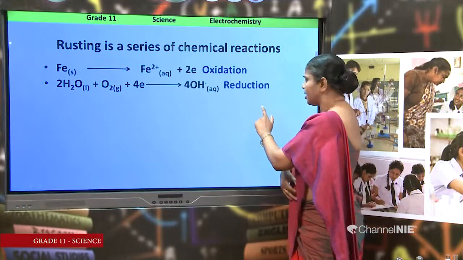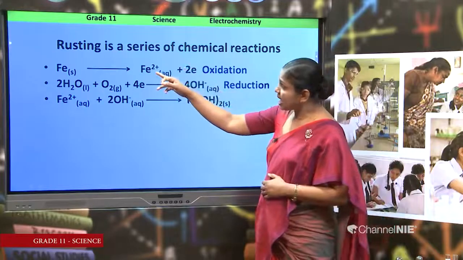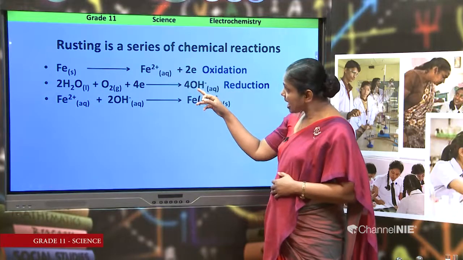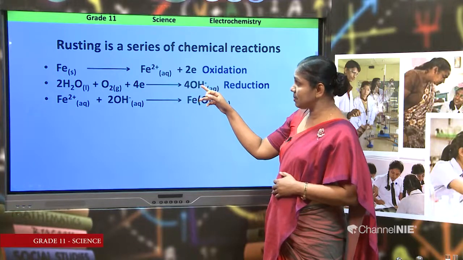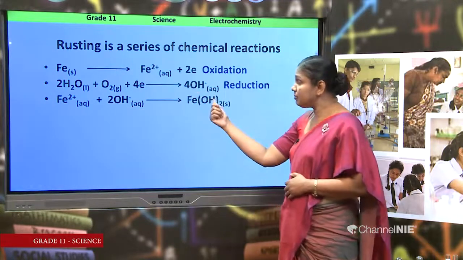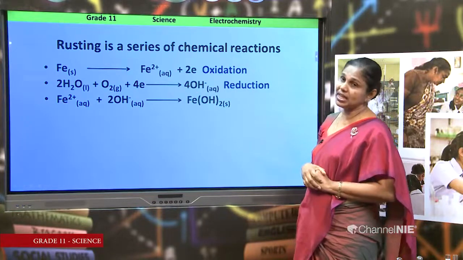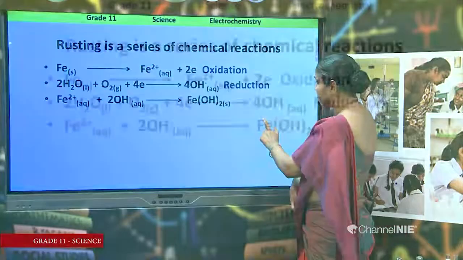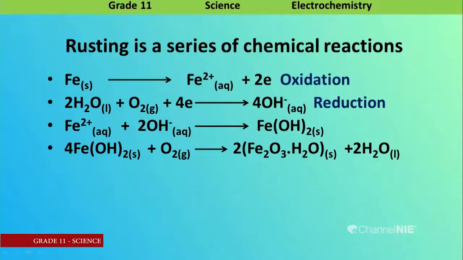Then what happens? Ferrous ions react with hydroxyl ions in the medium and form ferrous hydroxide. Finally, this ferrous hydroxide further reacts with oxygen gas available in the medium and turns into ferric oxide. This is Fe2O3, ferric oxide, children. Why is there a dot H2O?